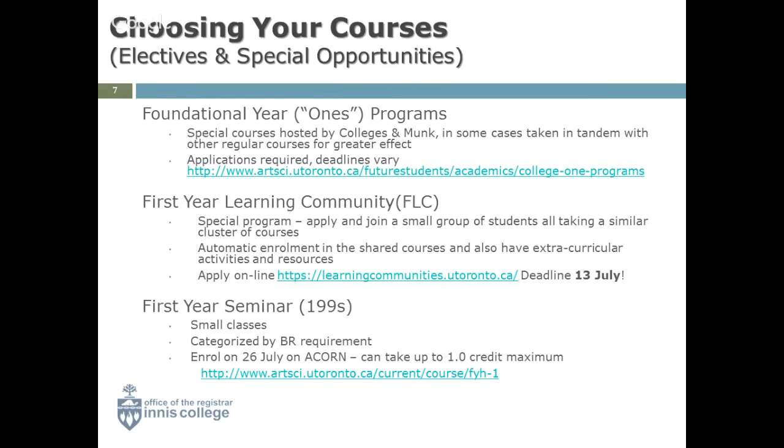So there might be one on sports injury, or the Lord of the Rings, or climate, or whatever. These are actual credit courses, but they don't satisfy any program requirements, but they do satisfy a breadth requirement, and they do satisfy a credit towards the 20 that you need to take to be eligible to graduate.